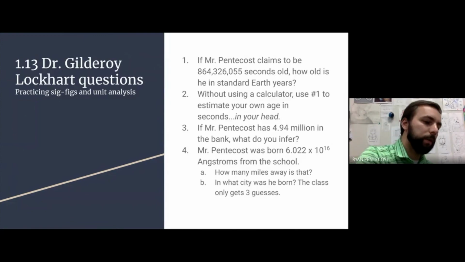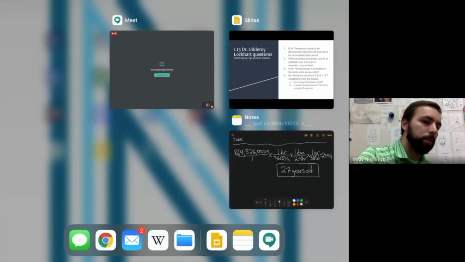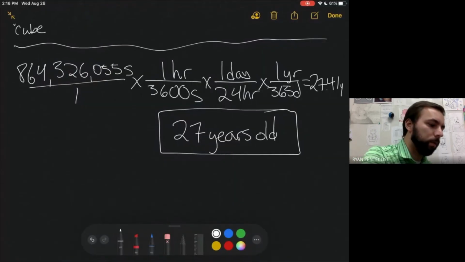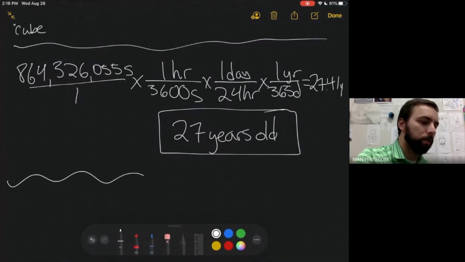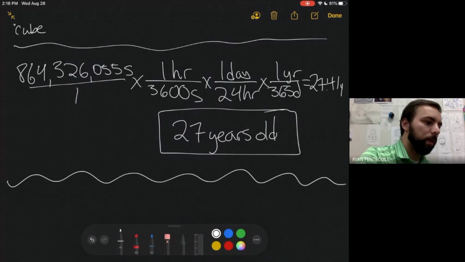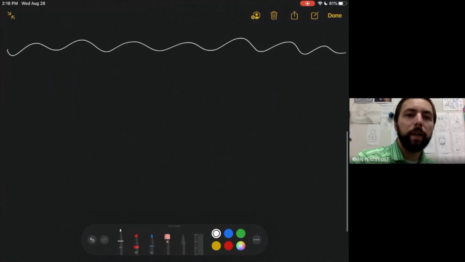So let's go to notes. And first, let's figure out what an angstrom is. So if you don't know what an angstrom is, you should Google it. An angstrom is 100 millionth of a centimeter, or 10 to the negative 10th meters.